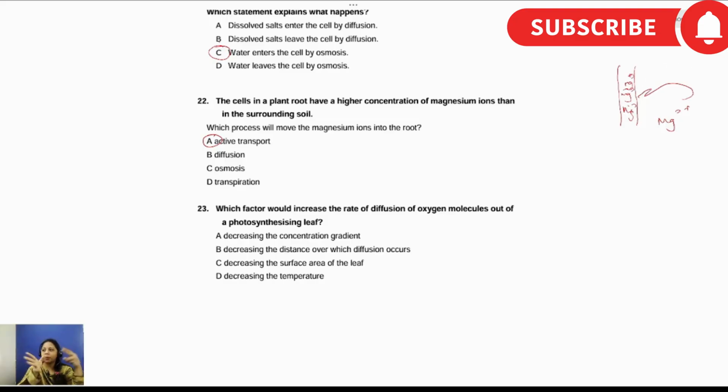More surface area means more movement. Number three, by increasing the concentration gradient. If there is a bigger difference, it will diffuse more quickly. And number four, by decreasing the distance. The lesser distance means more diffusion, more distance means less diffusion, or it will take more time to diffuse.